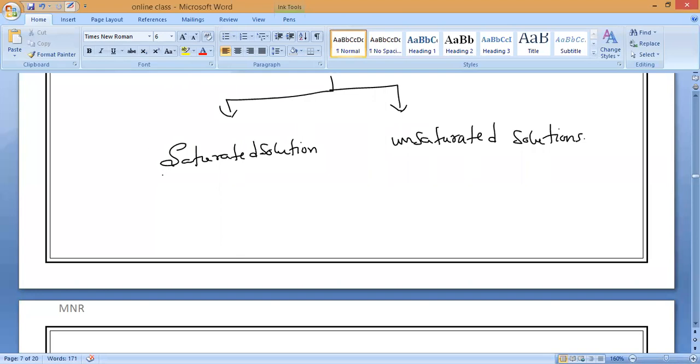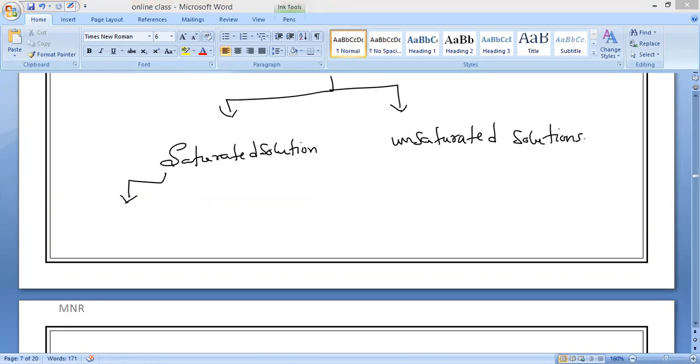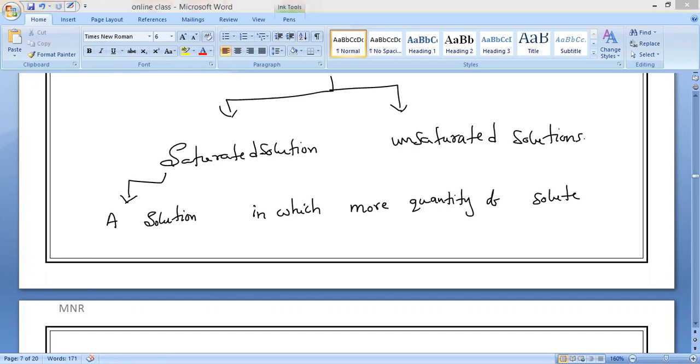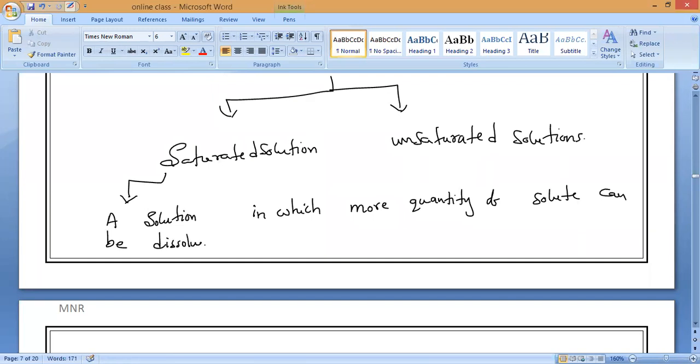So, write: a solution in which more quantity of solute can be dissolved without raising its temperature.